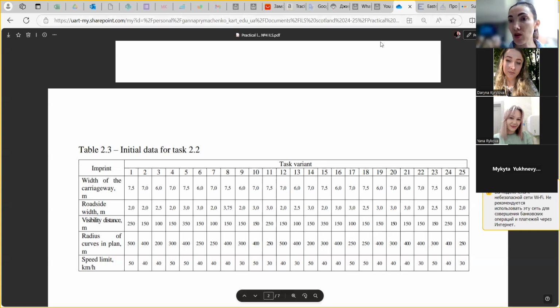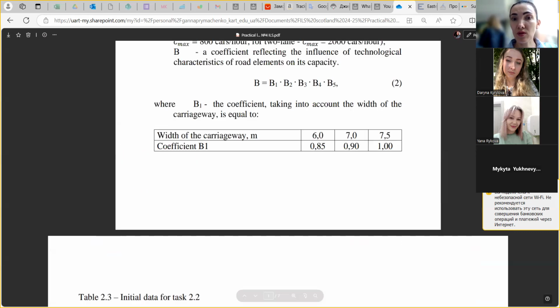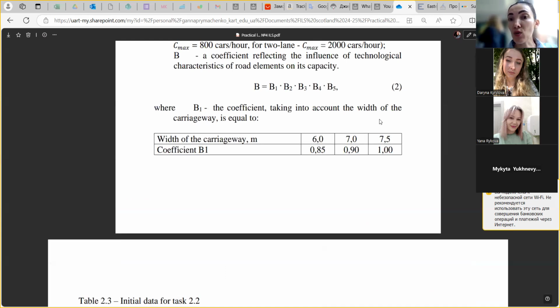And now we come to our formulas. If it is the first variant, for example, 7.5 meters, we come back to our table. So if it is the first variant, we see here that the width of the carriageway is 7.5 meters. This coefficient is equal to 1. If it is 6 meters, this coefficient is equal to 0.85.